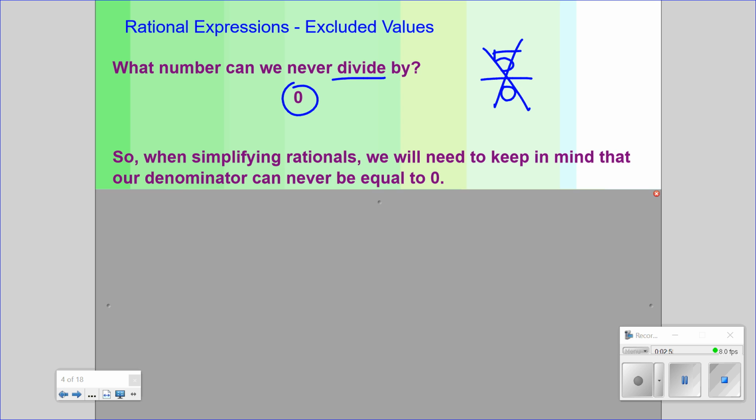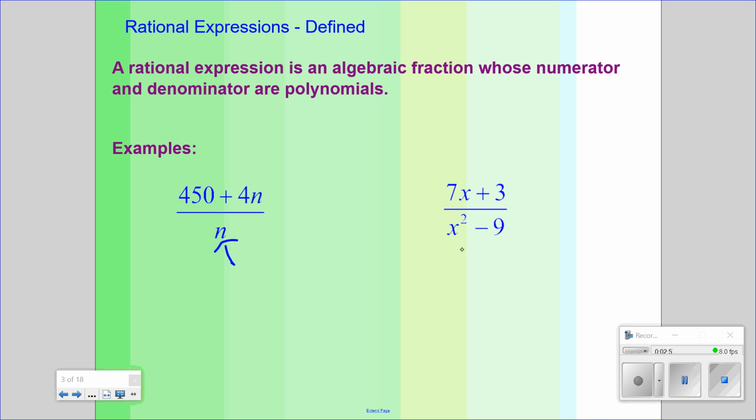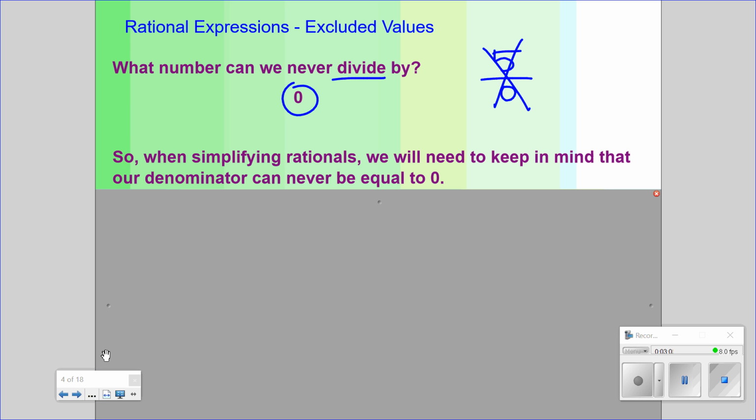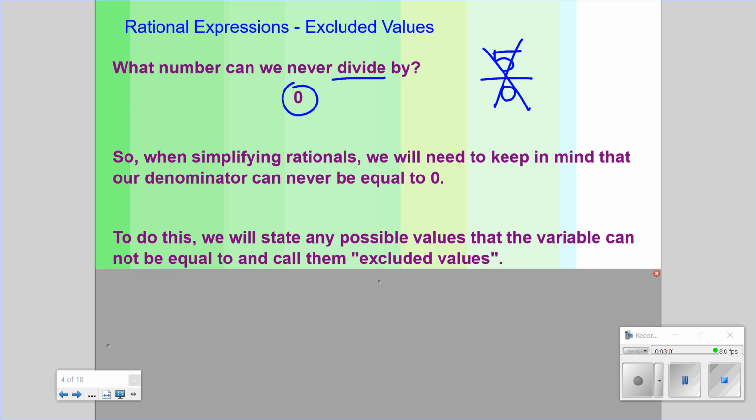So what you'll notice is our denominators will have variables in them. That's what makes them sometimes monomials and polynomials. And so whatever the value of that variable is, we will have to state that it cannot be equal to 0. So to do this, we will state any possible values that the variable cannot be equal to, and we will call these excluded values.